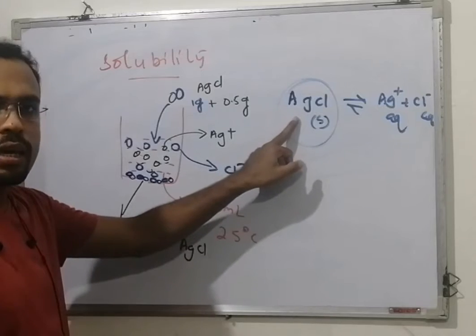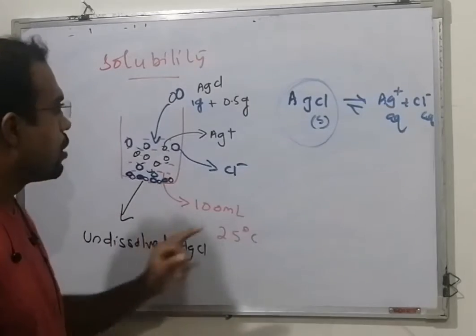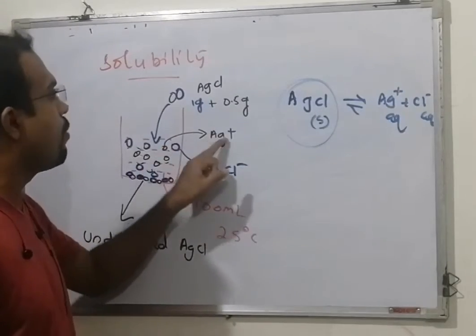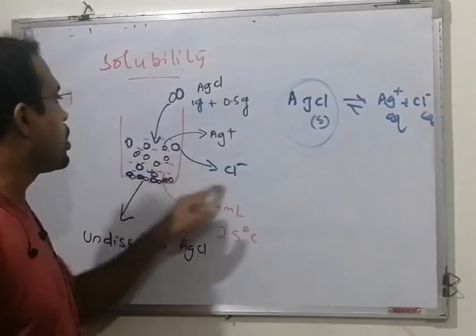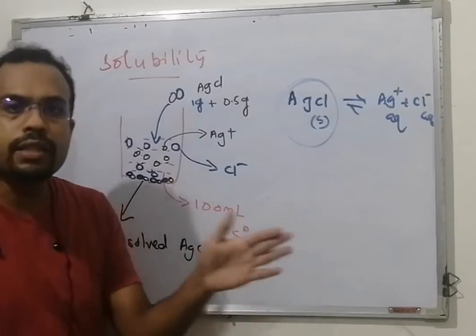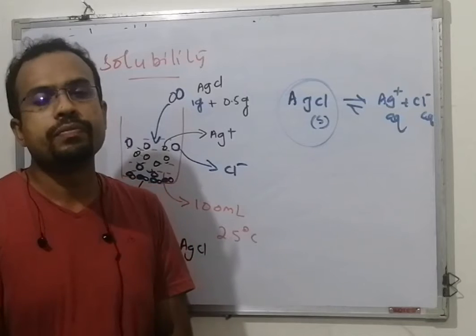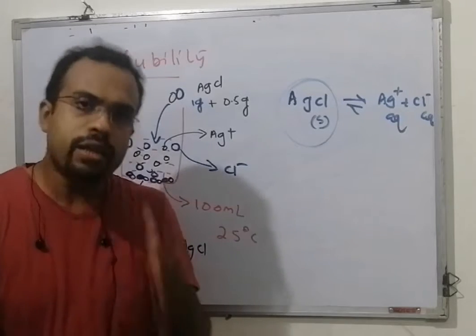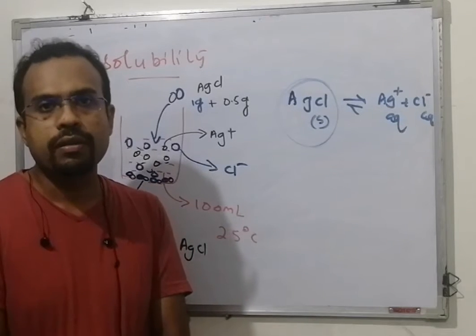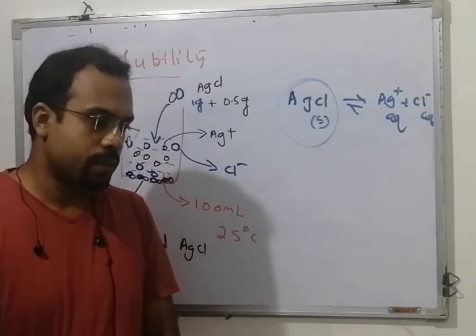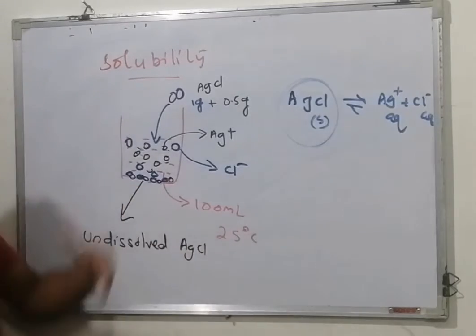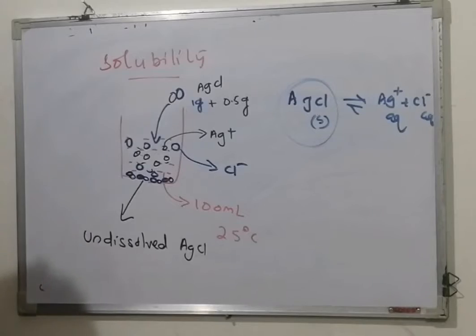This represents dissolved Ag plus and dissolved Cl minus ions. And there is an equilibrium between them. You learned all these things in +1. I just recollect. Okay, this is all about solubility.